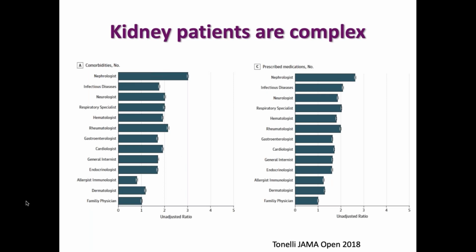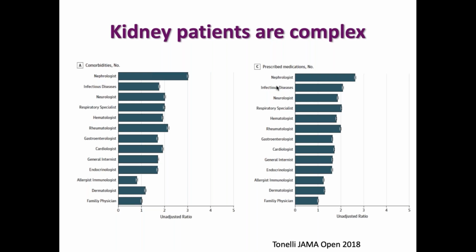So in this paper, which was published in JAMA last year, Dr. Marcello Tonelli, using data from Canada, showed that patients who come to see a nephrologist, which means patients with kidney disease, have the largest number of comorbidities compared to patients who go to any other specialist, which is shown in the diagram on the left-hand side.